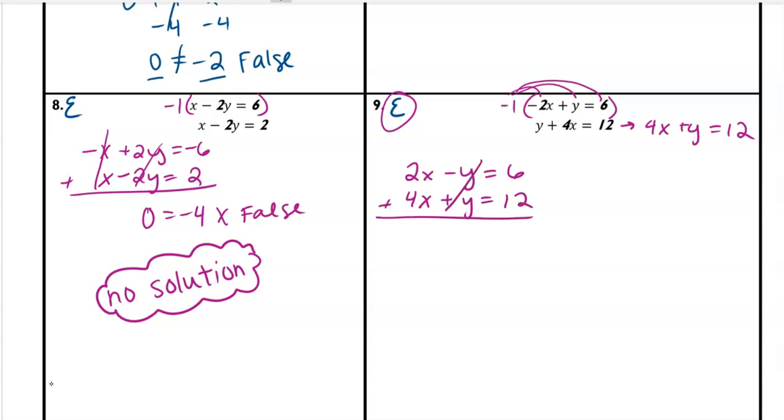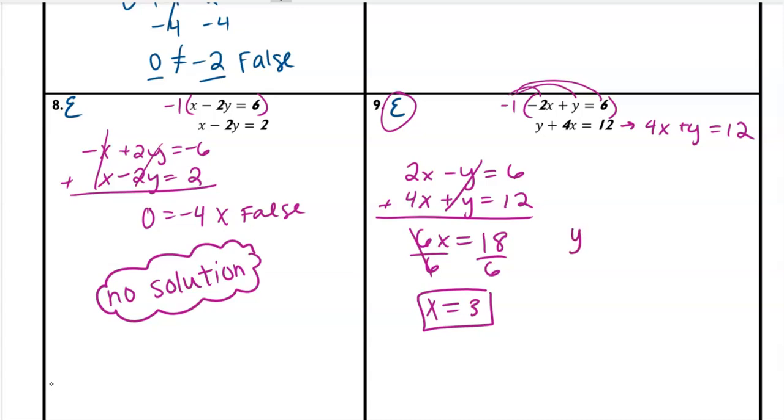So just as I wanted to, those y's are going to cancel out. 4 and 2 is 6, and 6 and 12 is 18. Divided by 6, we get x equals 3. Now to find y, we're going to plug this 3 into one of our equations.